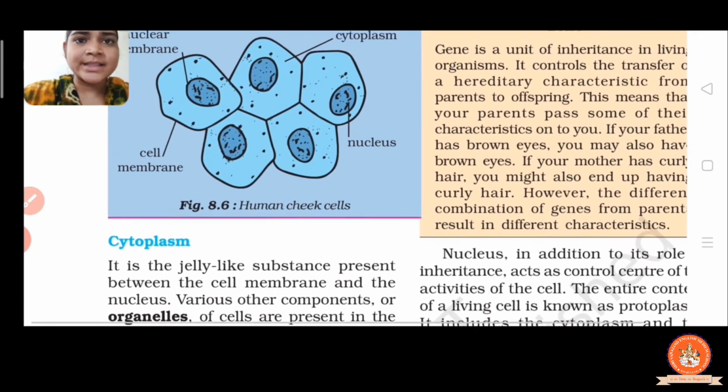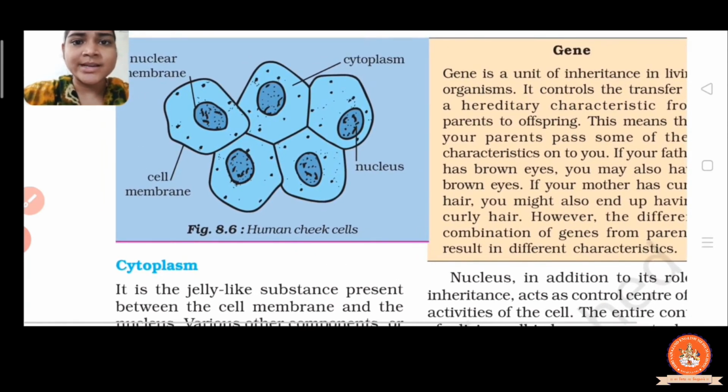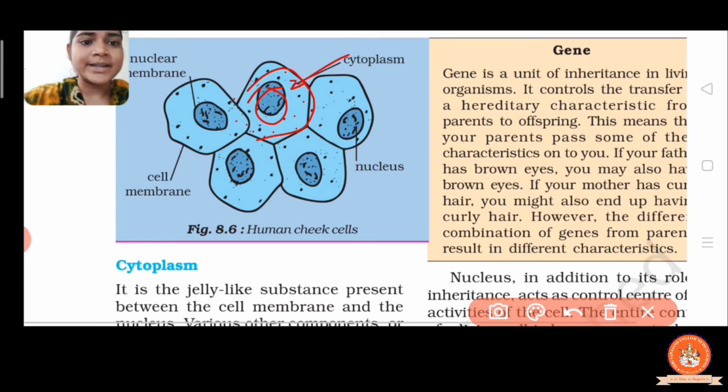You can see in the figure here the nucleus, and here the cell membrane. In between is the jelly-like substance which is called cytoplasm, right?